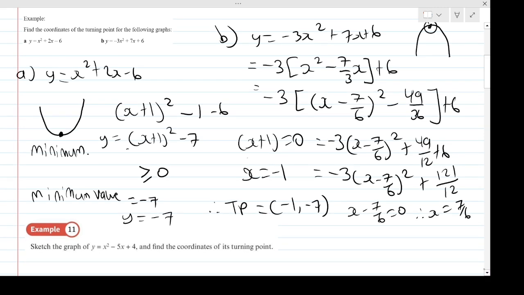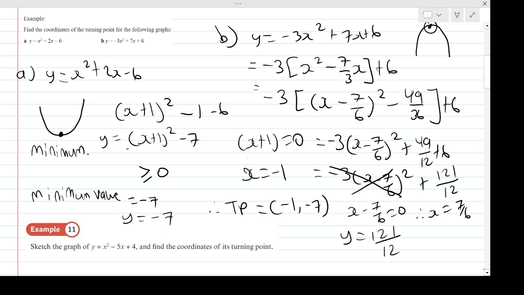Then the maximum point is just going to be the number outside, isn't it? Because when the whole bracket's 0, this whole bit goes away, so you're left with this value at the end. So the y value for the y coordinate of the point is simply 121 over 12.